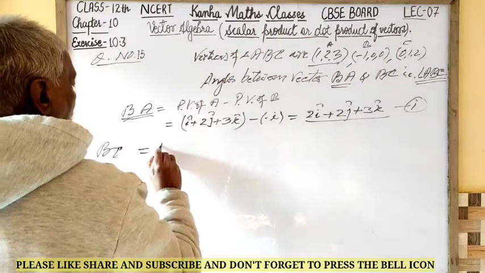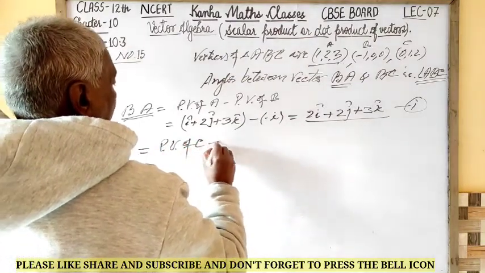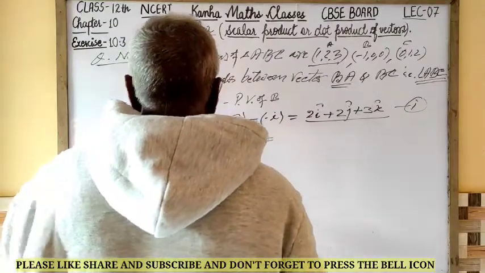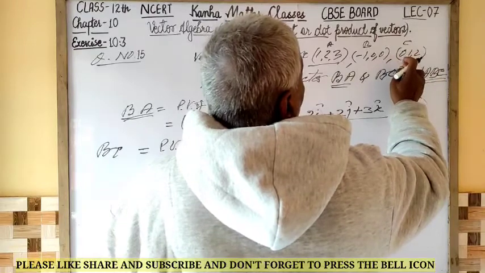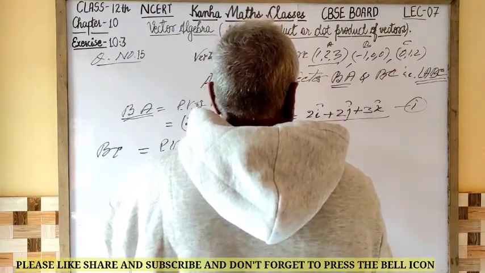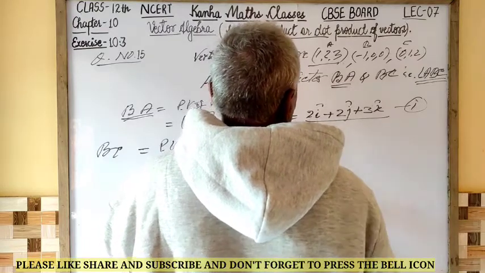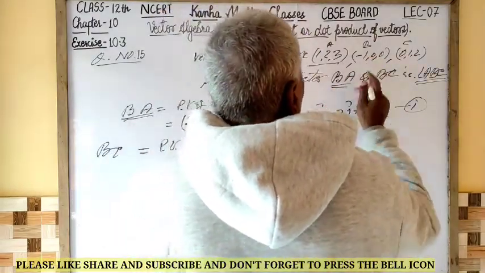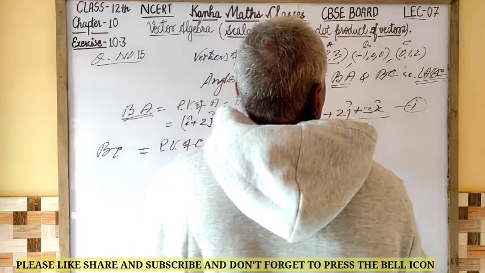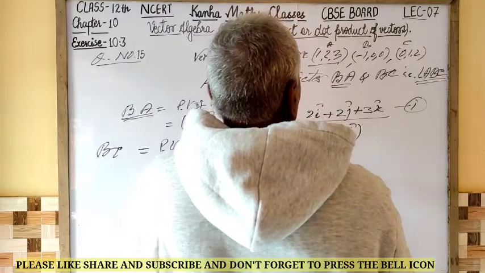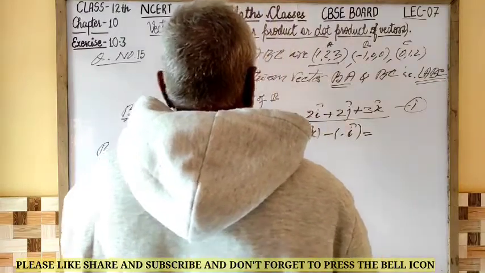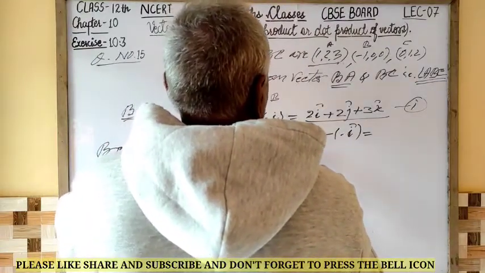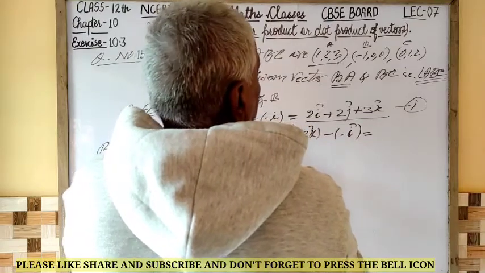Vector BC means position vector of C minus position vector of B. Position vector of C, that is (0, 1, 2), means j plus 2k, minus position vector of B, which is only minus i.